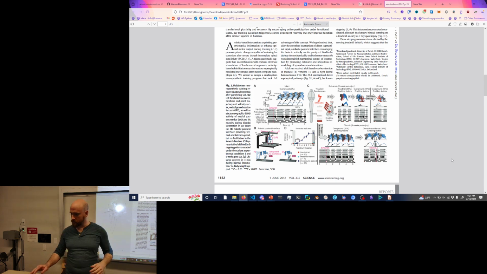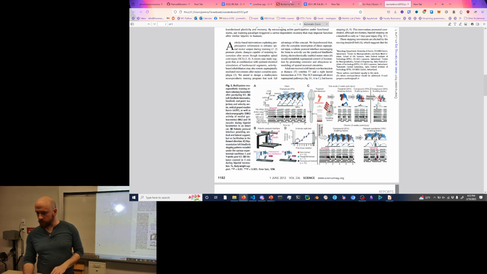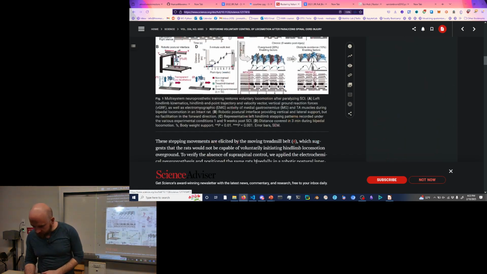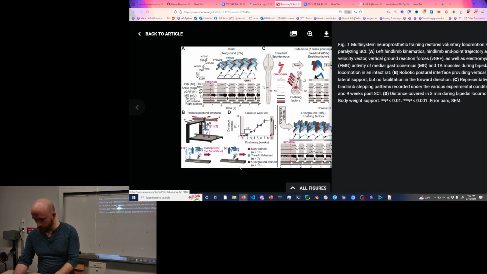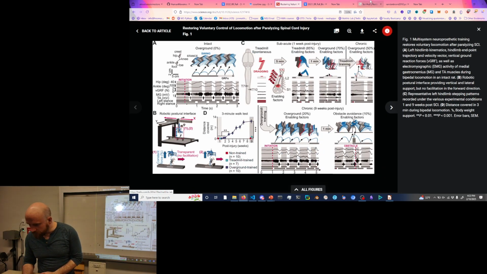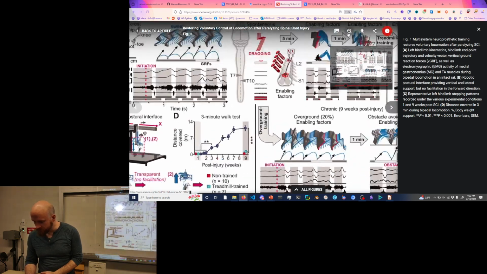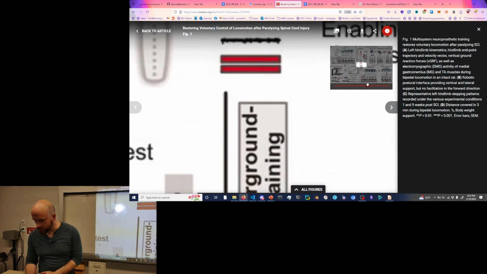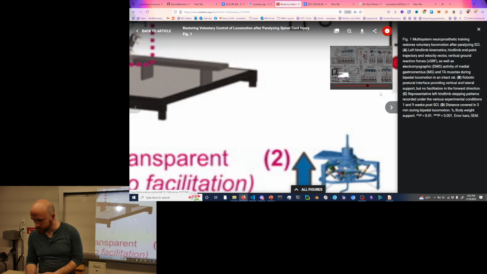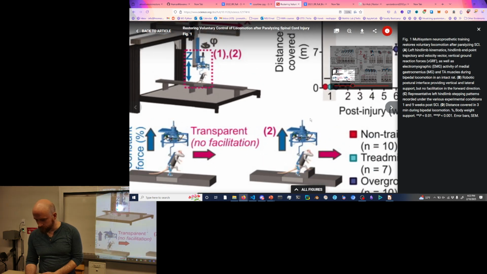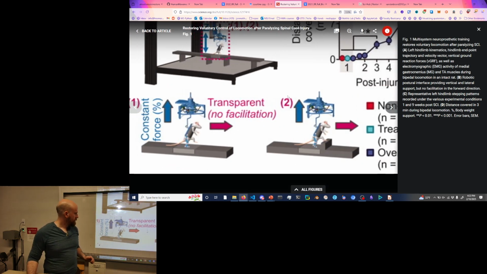And so then what they do, so now we put the rat in this little robotic gantry system.